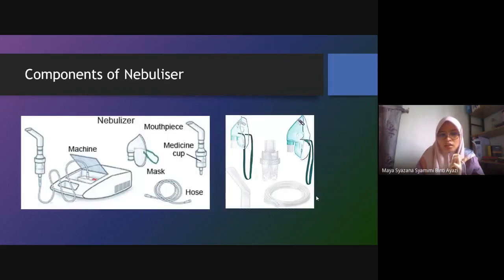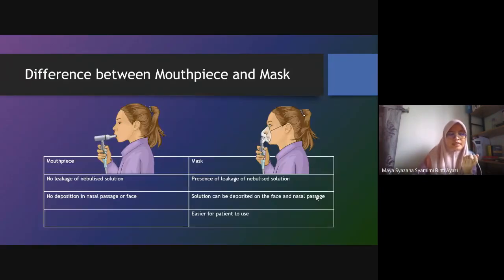Next. So these are among the components of nebulizer, which includes the machine, the hose, the medicine cup, and also the delivery system, which we have the mask and also the mouthpiece. So the mask we have variety of size, so choose according to the patients. So next, what is the difference between the mouthpiece and also the mask?